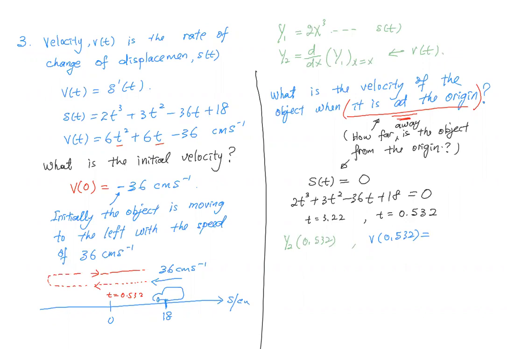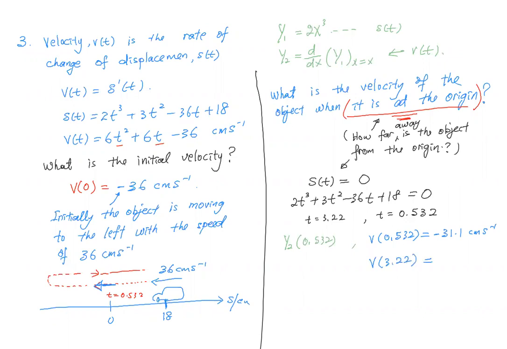Ian, Ayman, are you here? Yeah, I got the answer, negative 31.1. Negative 31.1 cm per second. So you see, it's moving to the left, right? So can you get your V(3.22)?